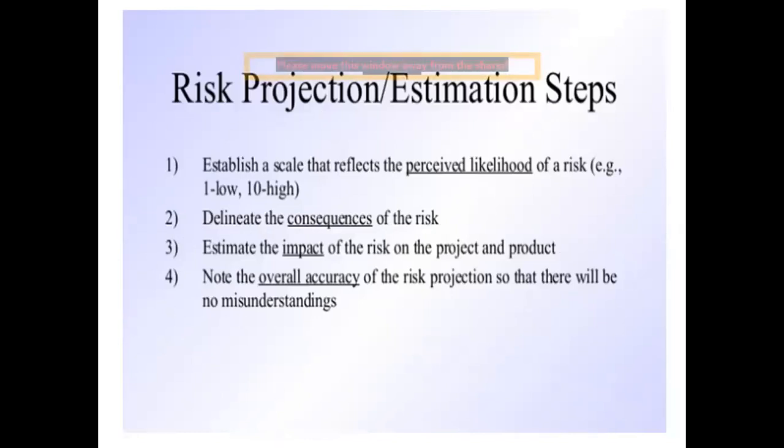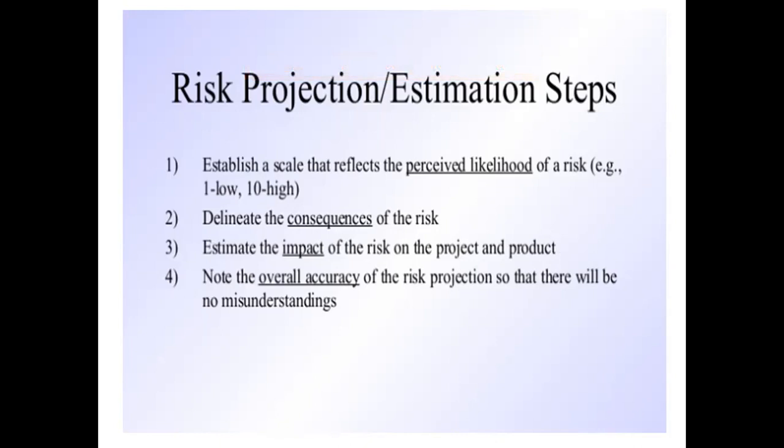Now we can see here we will use the scale for the risk projection or estimation. Now you can see here a number of steps which the programmer, or the management level, is going to follow. The first thing is this: for the risk estimation, we design or consider a scale, and here you can see this is called the risk scale.